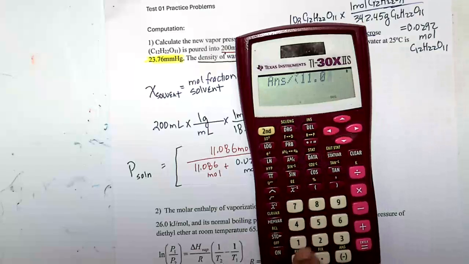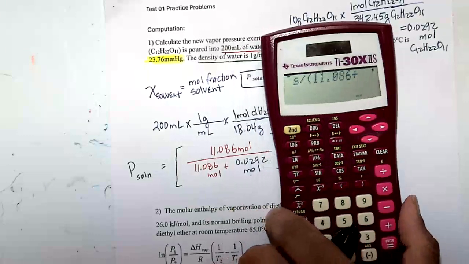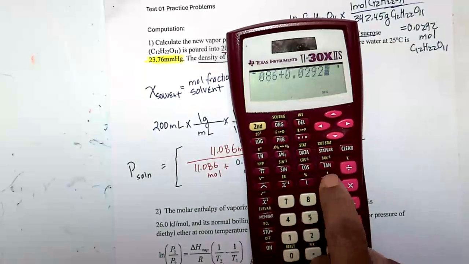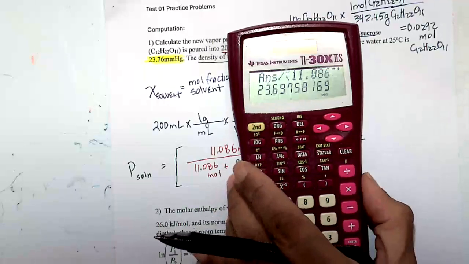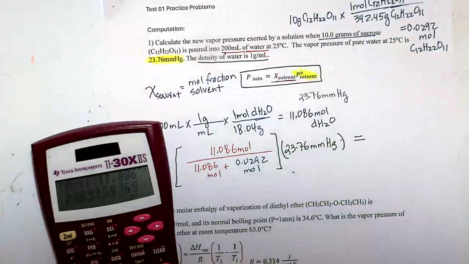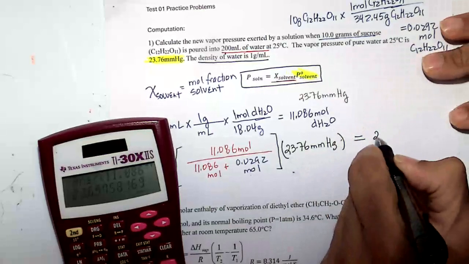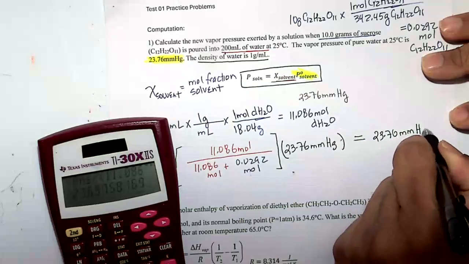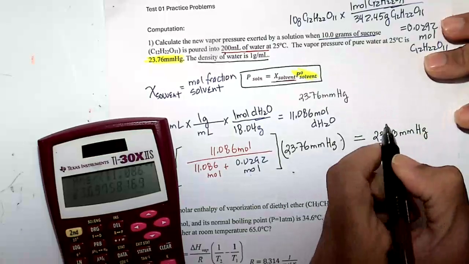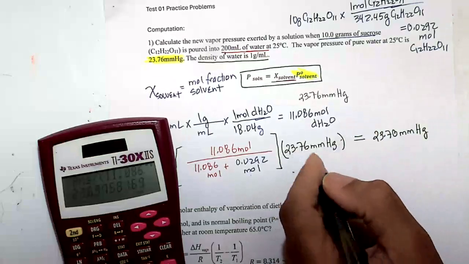Okay, sum, which would be 11.086 plus 0.0292, giving 23.70 millimeters of mercury. Okay, it went down, but it didn't really go down by much.